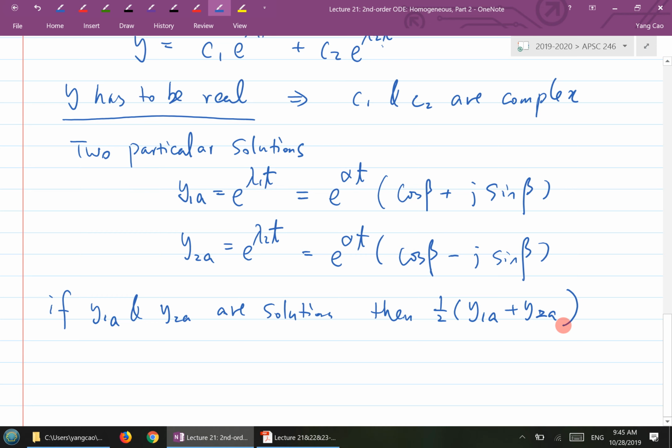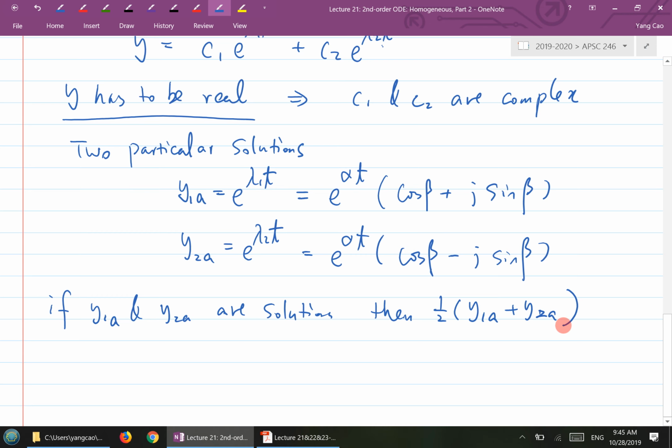That's basically linearity, superposition. When you have two solutions, as long as you apply the superposition rule, you still get a solution. So why would you divide by 2? That's why you will see y divided by 2.